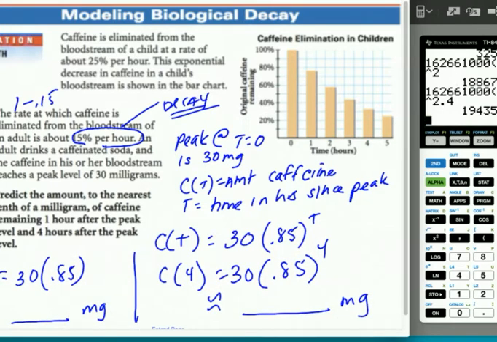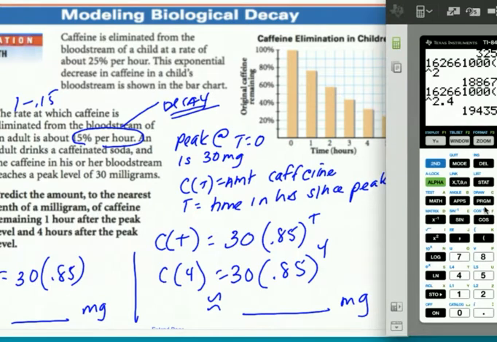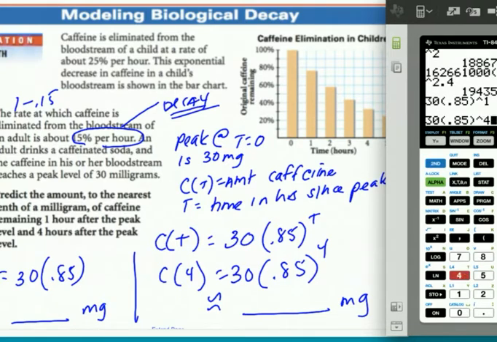So let's go ahead and find both of those values. So we have 30, and then this is 0.85 to the first, which I don't have to write. I could just write 0.85, but I'm going to write to the first so that I can be lazy, and in a second I can change that to a 4. I don't know whether it's lazy or not, but there we have it.